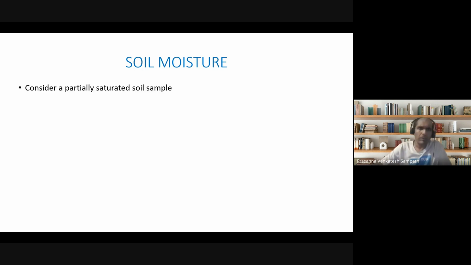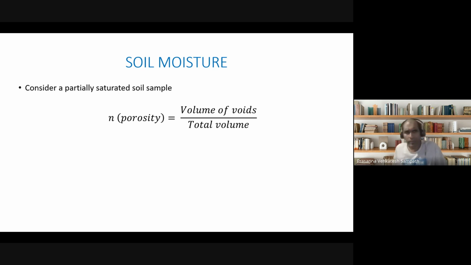So the way we use this, you're all familiar with this, is we define two terms. One is the porosity. I use the letter n, small n, to refer to porosity. This might be the same thing that you use in your geotechnical engineering also, which is simply the volume of voids divided by the total volume of the sample.